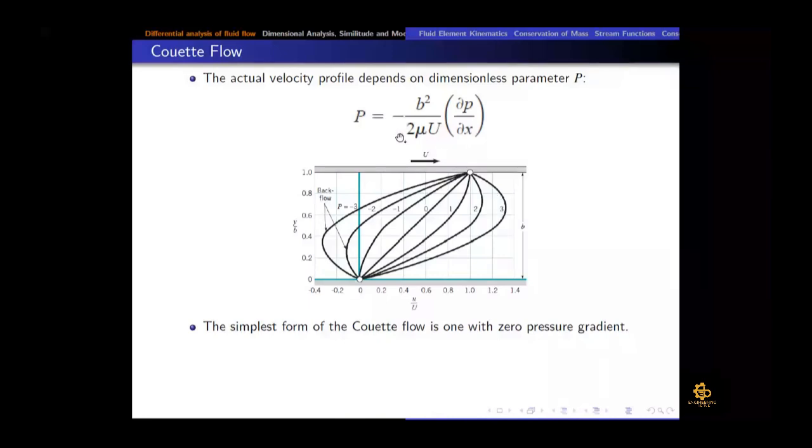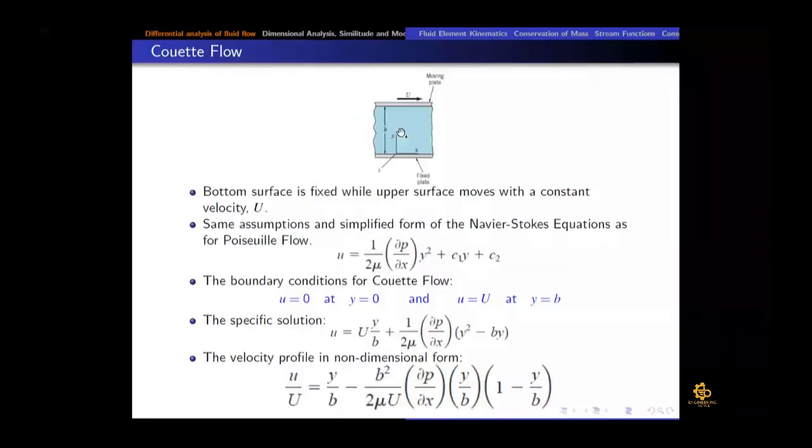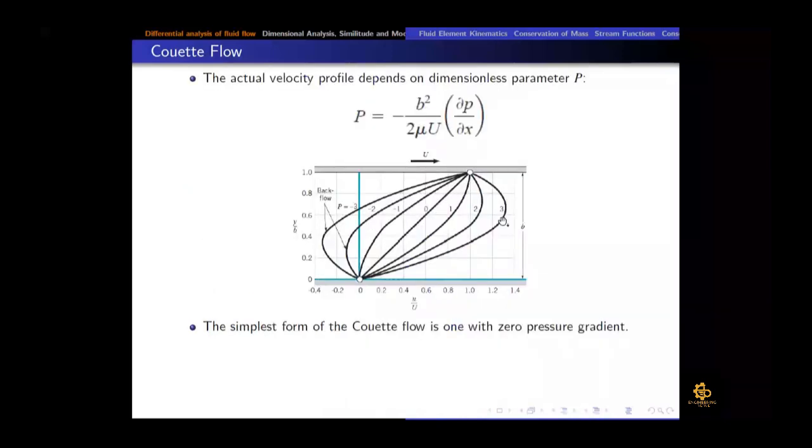So if that value is negative, here p, if it is -3, what does it mean? If it is minus here, then here it would be positive, and then it would be a kind of flow where we have got pressure increase in this direction. But if p value is positive here, like 3, it means that there is a pressure drop. When there is a pressure drop, the velocity in the center would be higher.